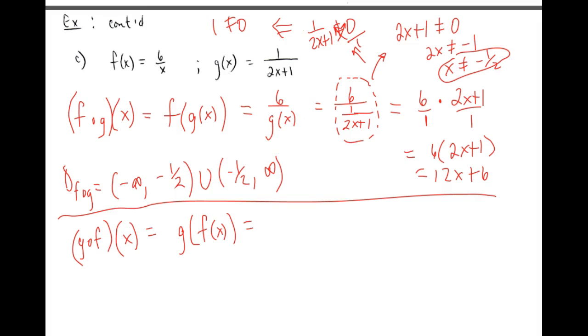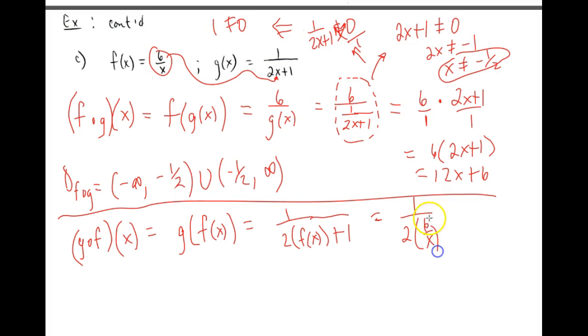So now we're doing the opposite: we take f and stuff that into g right there. So this would be 1 over 2 f of x plus 1, which will be 1 over 2 times 6 over x, plus 1. And of course, we could simplify this a little bit.